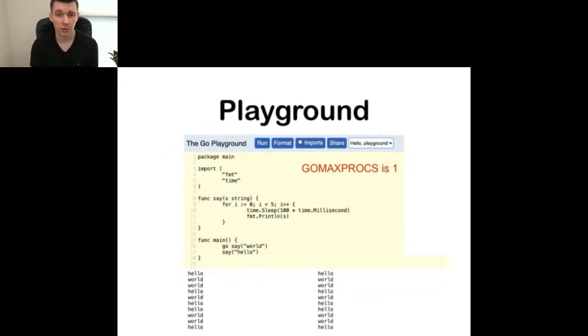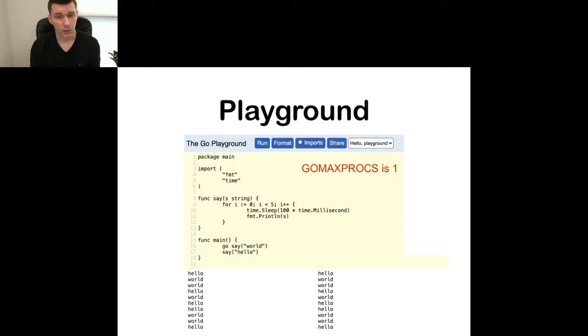That's because by default GOMAXPROCS is set to 1. If you run it locally on your machine and you have more than one core, or you change it, you can see different results. But in this example, you see the same each time. So it's a trick for changing the flow.